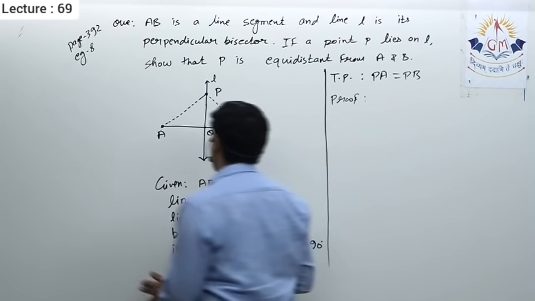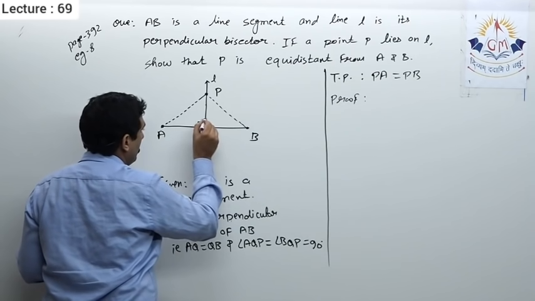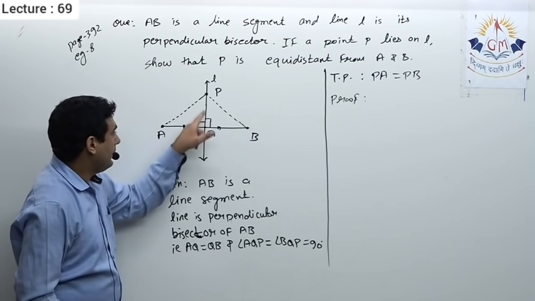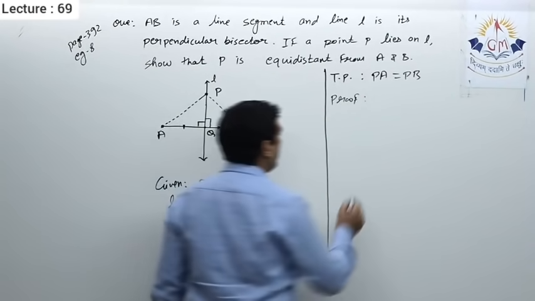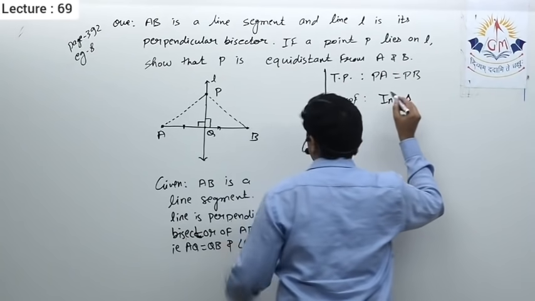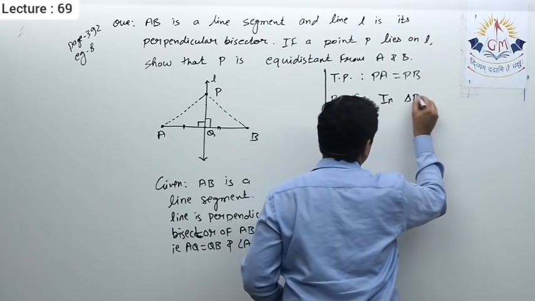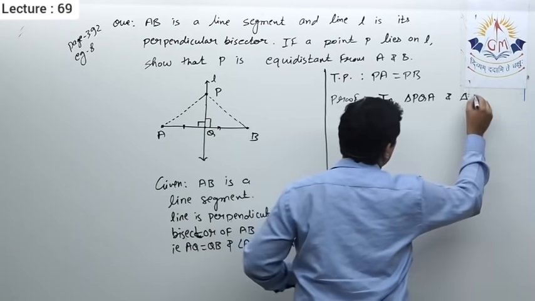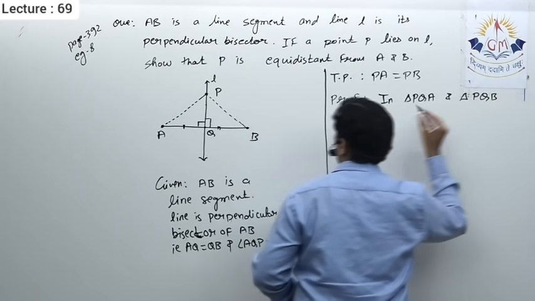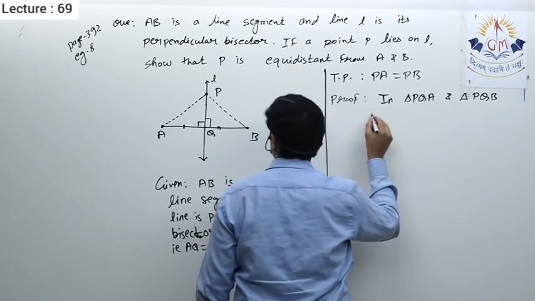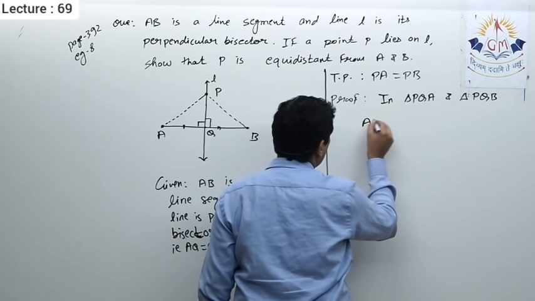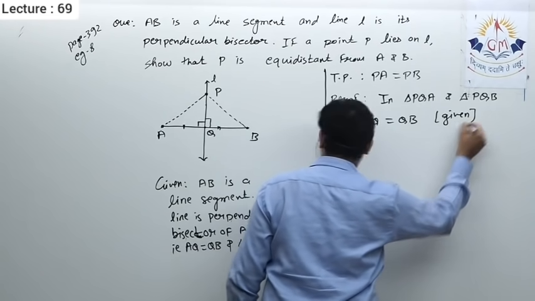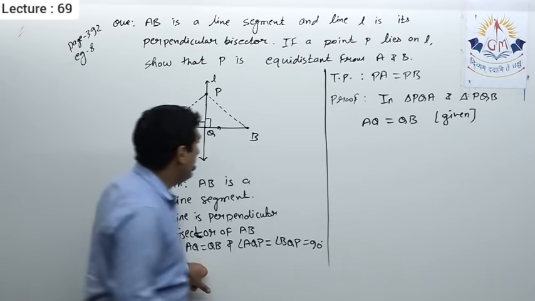It's very easy. See, this is 90 degrees, this is 90 degrees, this is already equal. So by side angle side, PQ is common. So in triangle PQA and triangle PQB, AQ is equal to QB, it is given.